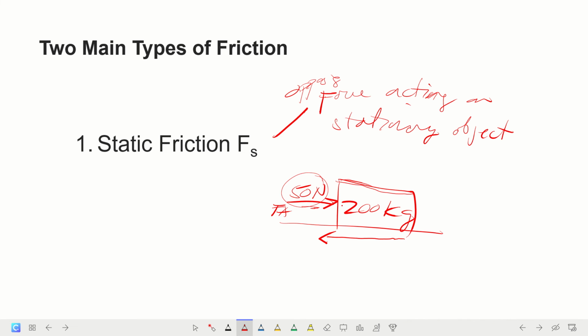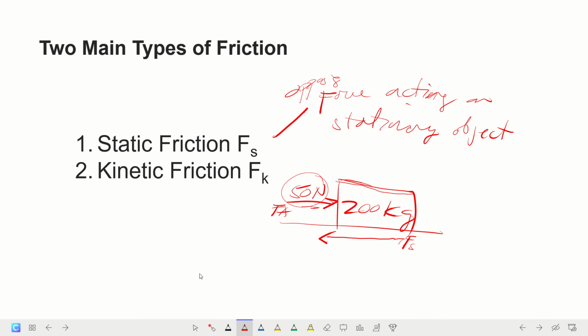If we attempt to move this object by applying a force, there will be an opposing force that will prevent us from moving this object. So this is our force of friction, and this is a static friction since the object did not move when we applied a force to it.